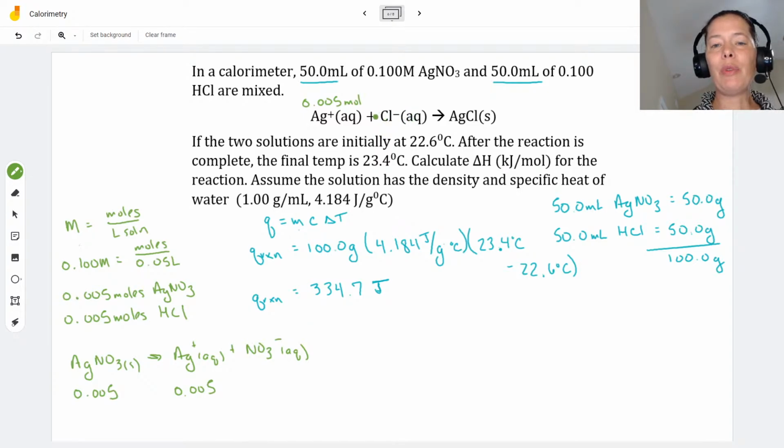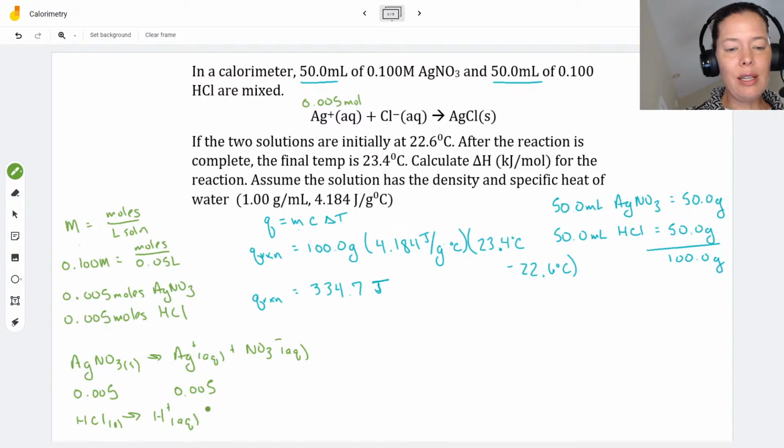Now let's see what happens with the chloride coming from the hydrochloric acid. What happens when HCl goes into solution? That doesn't really start as a solid. Maybe I'll put that as a liquid. Usually it comes as a concentrate. That is going to give me protons plus chloride ions.